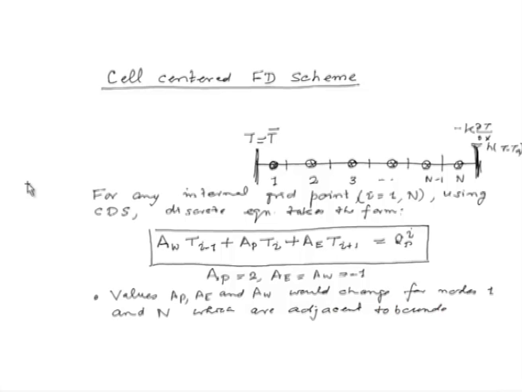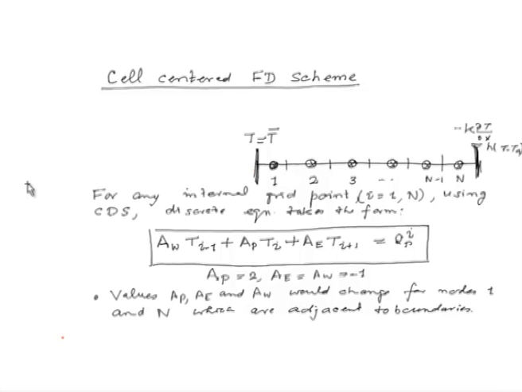We have already seen one change, that is the effect of the Dirichlet boundary condition at node 1. There was a Dirichlet boundary condition specified at the left hand, and we saw earlier how it affects the coefficients for node 1.